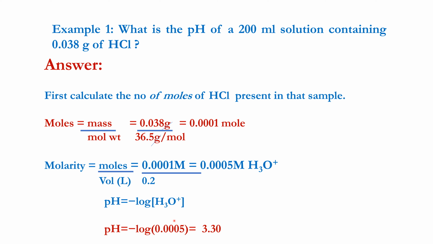We put in the formula first, and then the value we calculated for hydronium ion concentration, which is 0.0005 mole. If we find the negative logarithm of 0.0005, it will give us 3.30. So this is our final answer.